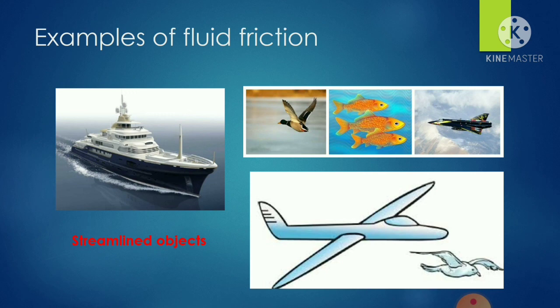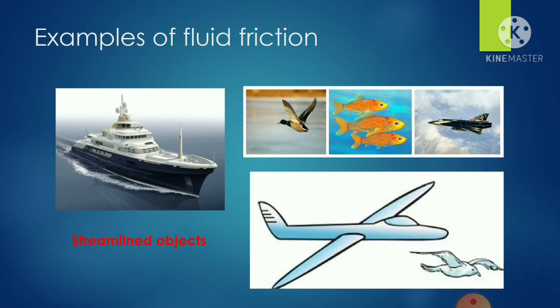For example, aeroplanes and birds move in air. So here air is a fluid and the air also exerts force. This force is known as fluid friction. To overcome this fluid friction, nature has given birds a streamlined body.